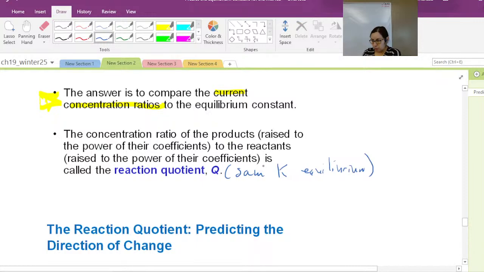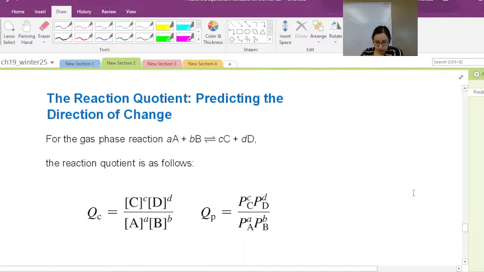That's K. When we look at Q, we're not at equilibrium, hence why it's called Q. Does that make sense? So Q is just the same as our KC, or KP expression.